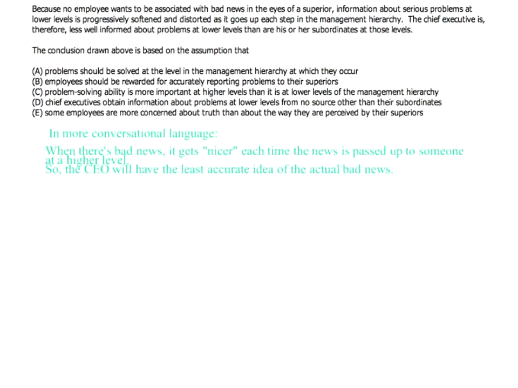The CEO has had the information passed up the most number of times. The argument relies on the idea that the CEO has to get the information through everybody else. It has to be passed up to the next person, then the next person, then the next person, until it finally gets to the CEO.